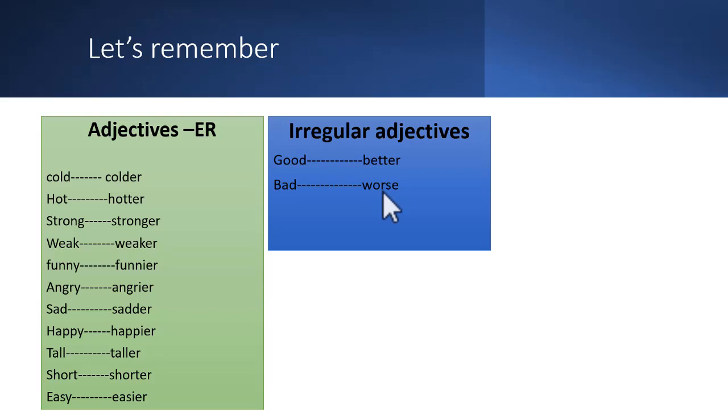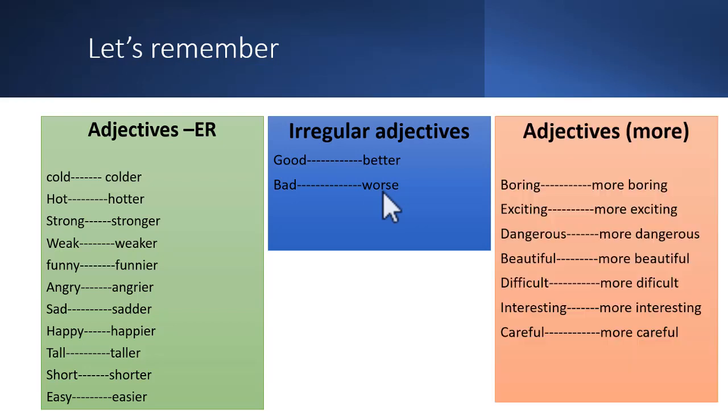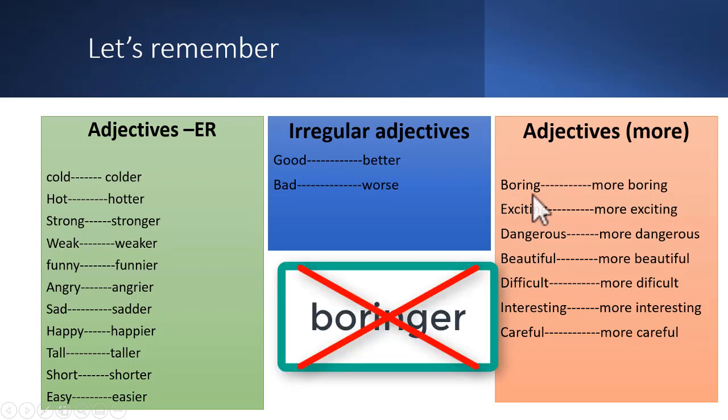Okay, and finally, we can go to the last type of adjectives. There is one more type of adjectives, and this type is the more adjectives. So these are adjectives that build the comparative not with ER but with more. This little word here, more. So look at this. Boring, more boring. Boring, we don't say boringer.